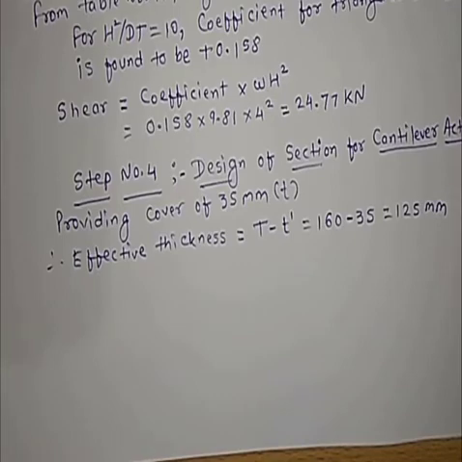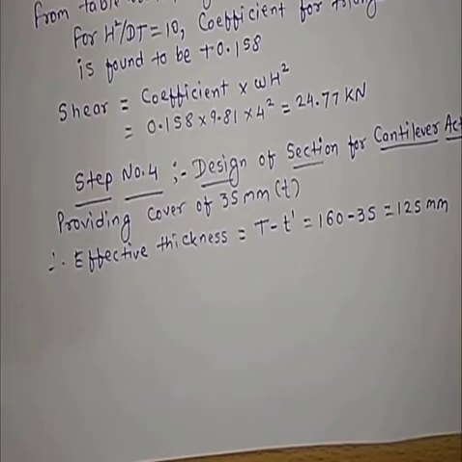So now we need to calculate the area of the steel which is required for the cantilever bending, because we need to calculate two different areas of steel, for hook tension as well as for the cantilever action.